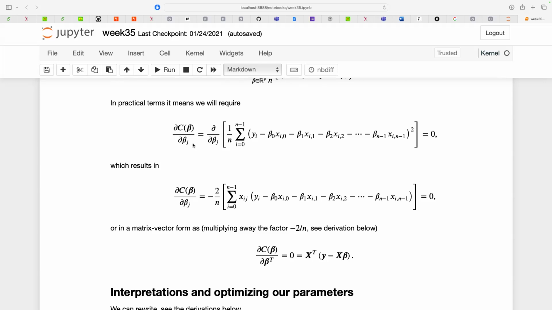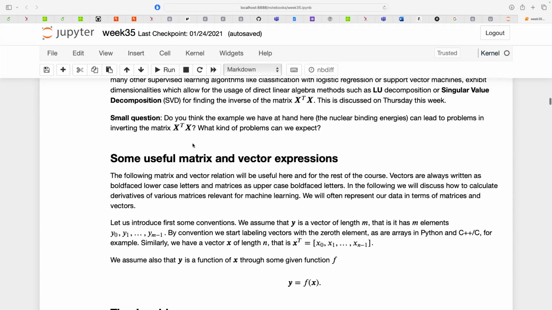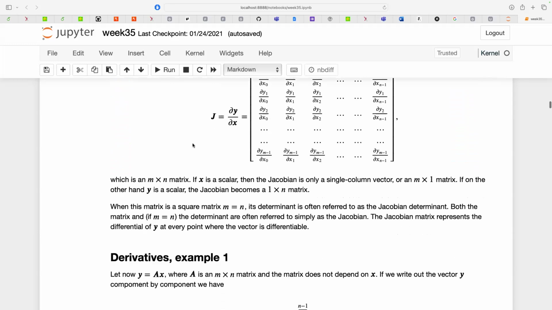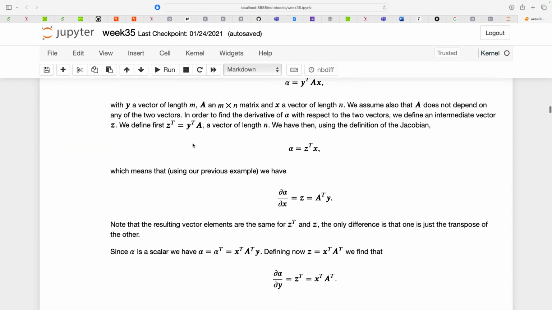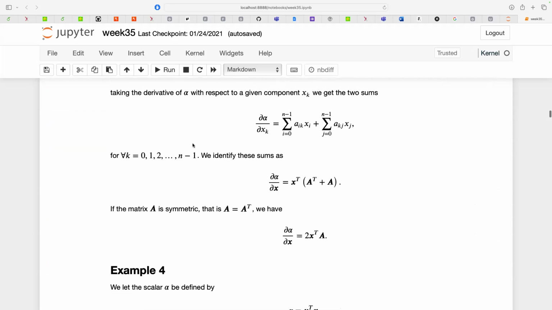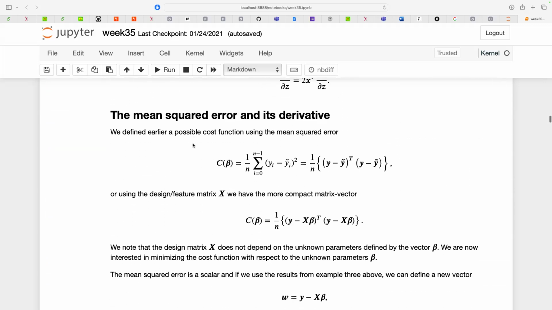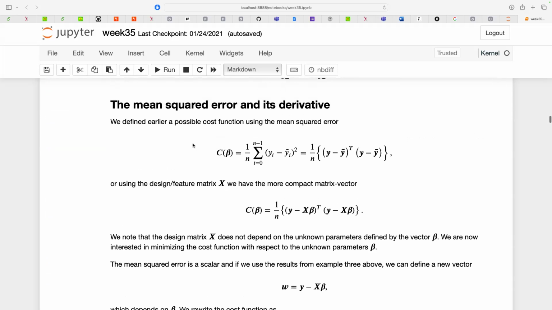So I take the liberty of giving small, not exactly homeworks, but reading suggestions. And you will find these reading suggestions in the beginning of the lecture notes as well. So hopefully this can help you in solving the exercises and the projects. Now, you will find many more examples, and you will also find an example which is close to what you do for the calculation of the mean squared error.